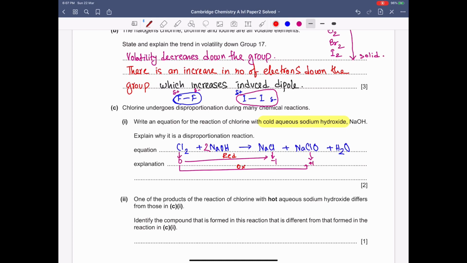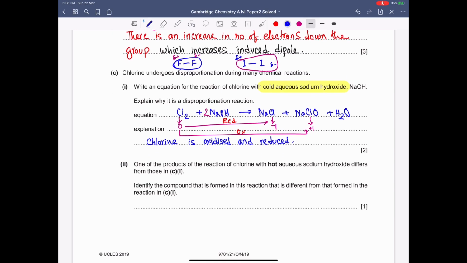Since oxidation and reduction are taking place at the same time, that's why this is a disproportionation reaction. So our answer will be: chlorine is oxidized and reduced.